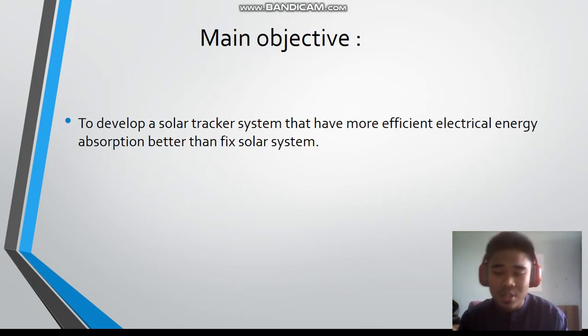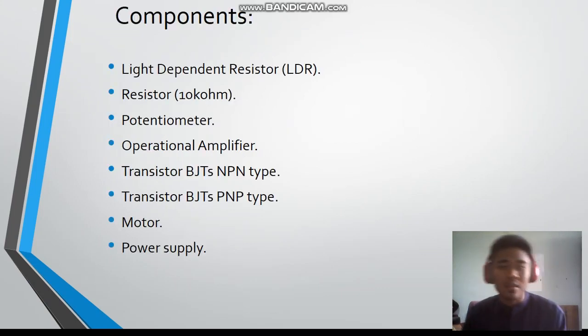Research says that the solar tracker system absorbs 40% more energy compared to the fixed solar system, because the fixed solar system does not move or follow the highest intensity of the sun. It will stay constant on its own.